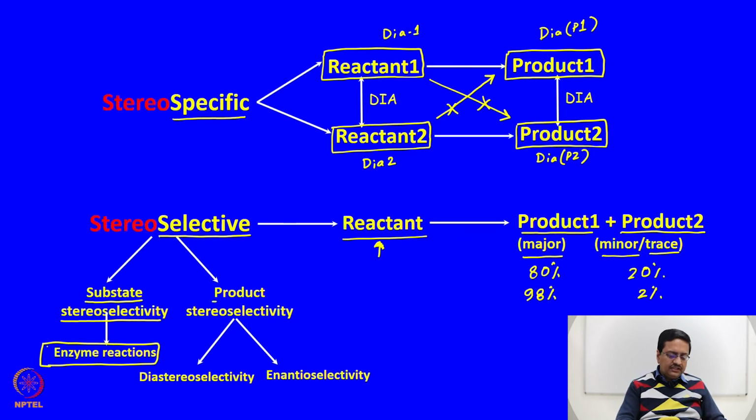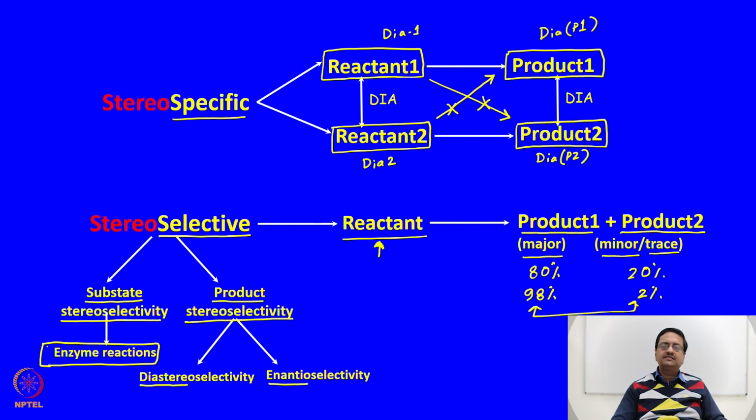The other possibility is product stereoselectivity. In this case, a particular reactant may react with a particular reagent or solvent or a catalyst to produce two different products, and those two products are produced in two different quantities, and they can be either a pair of diastereomers or a pair of enantiomers.